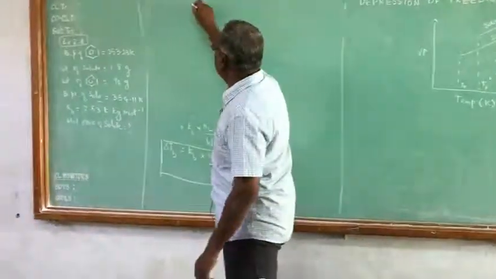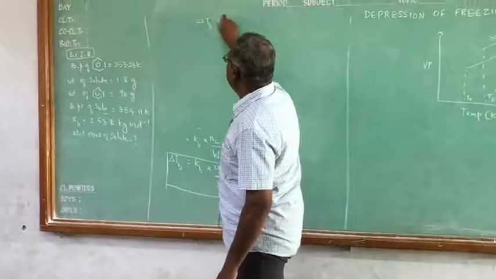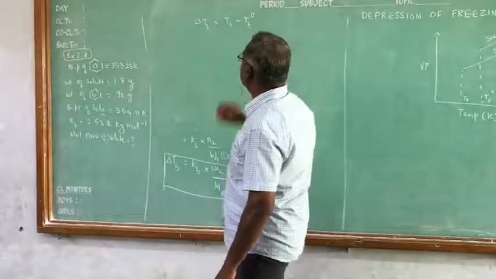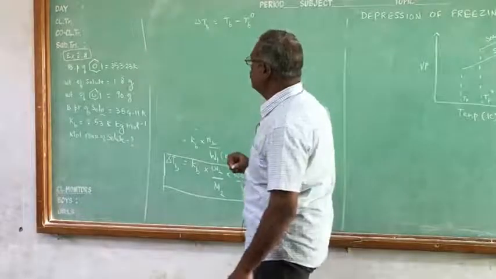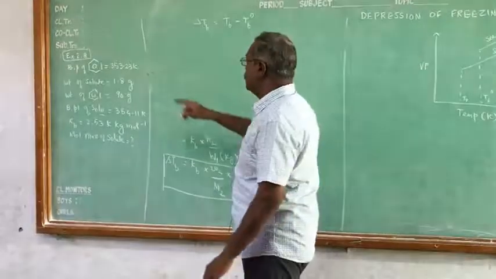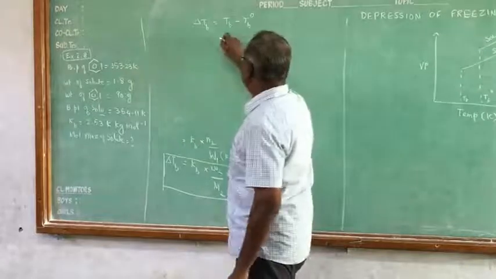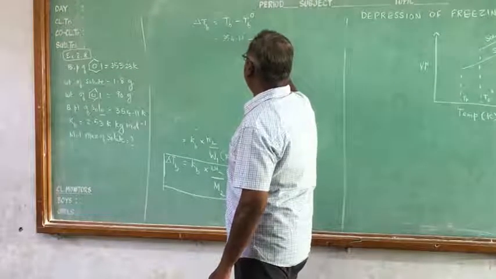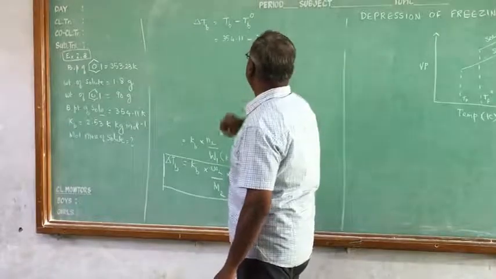First you have to calculate delta Tb. Delta Tb is Tb minus Tb naught. Which is the solvent? The solvent is benzene. So 354.11 minus 353.23.